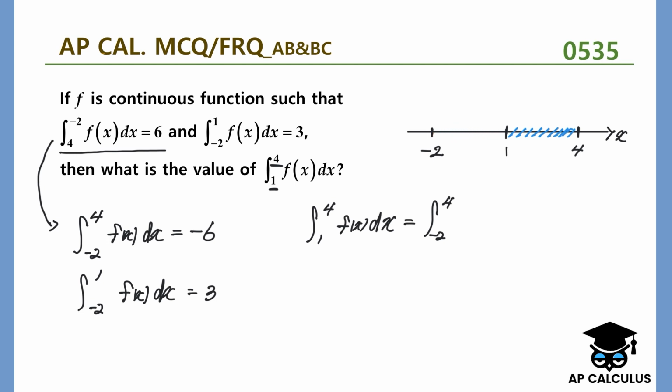So that is equal to integral from -2 to 4 of f of x dx, that's -6, minus integral from -2 to 1 of f of x dx, that's 3, right? So -6 minus 3. So that's going to be equal to -9. So the definite integral from 1 to 4 of f of x dx is equal to -9.